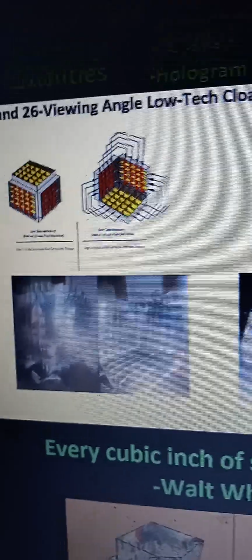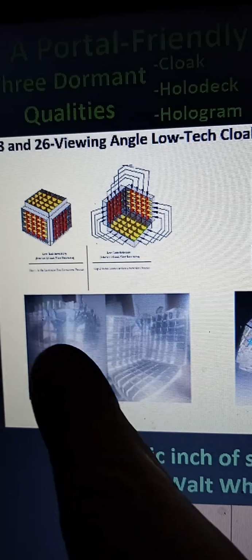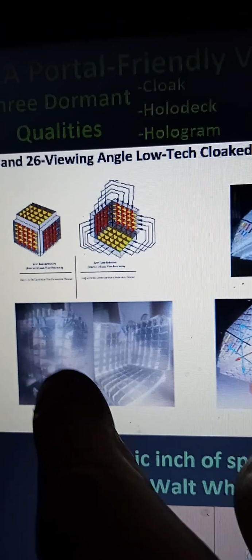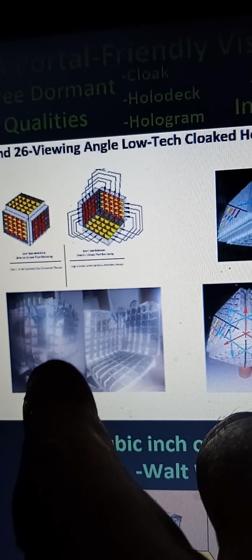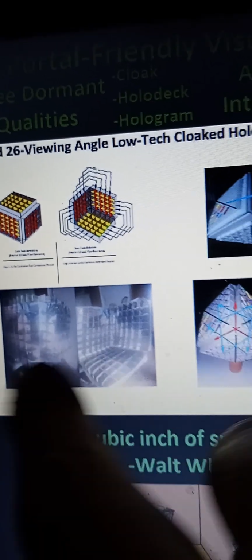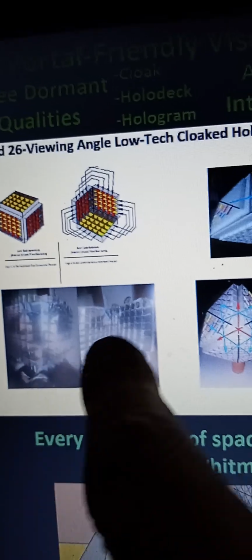But these are 2 counterparts to each other at 2 different ends of the technological spectrum: the low-tech photographic technique, the outside invisibility and the inverse inside holodeck, and the high-tech televisual concept of an outside invisibility and its byproduct inside holodeck as light makes its way through.